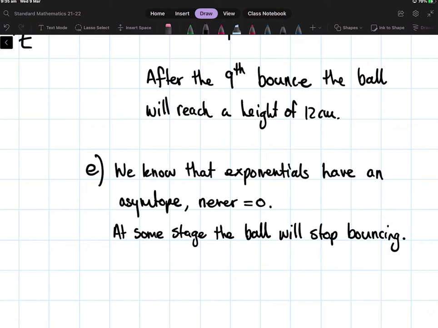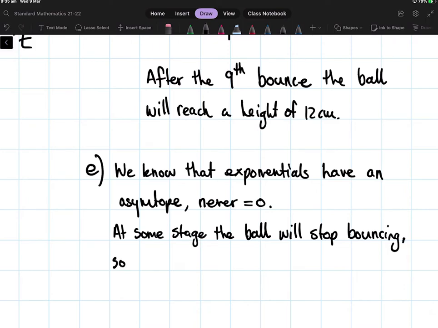So that kind of contradicts itself. Our model says you're never going to get 0, so it's always going to bounce and be some small height off the ground. The reality is, at some stage, the ball will stop bouncing. So that's the limitation of our model here, is that at some stage the ball will stop bouncing.